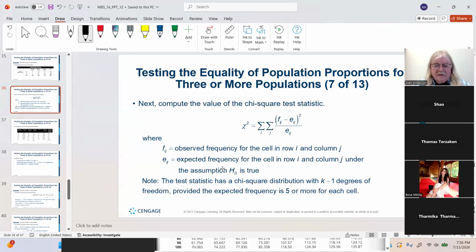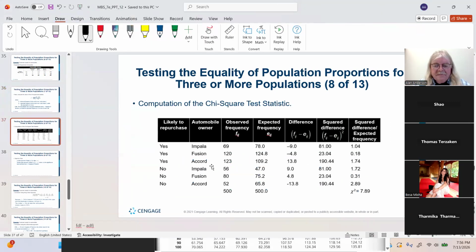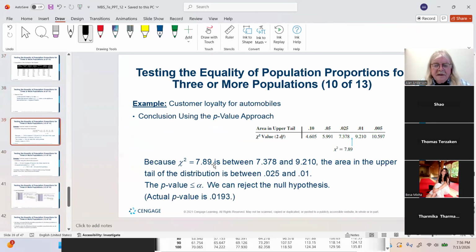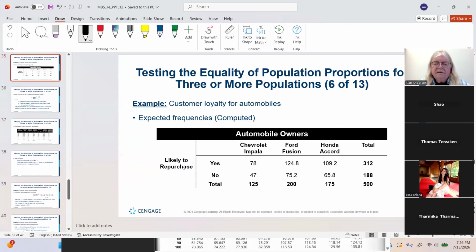So what data? All right, here we go. This is coming from here. Okay. So the proportion that we're talking about is the proportion likely to buy that car again. So the data that goes into our matrix is right here.